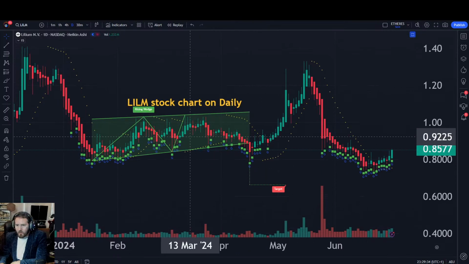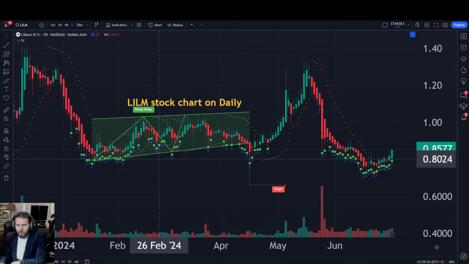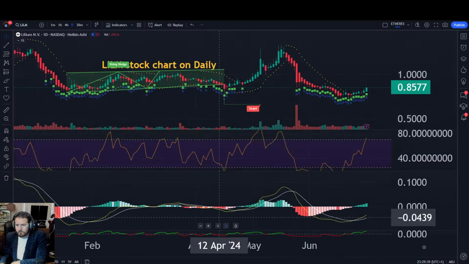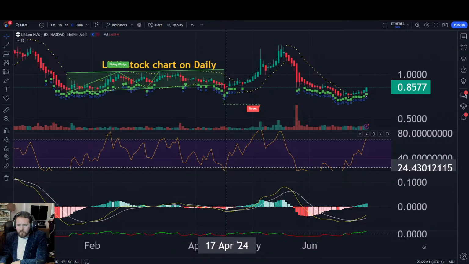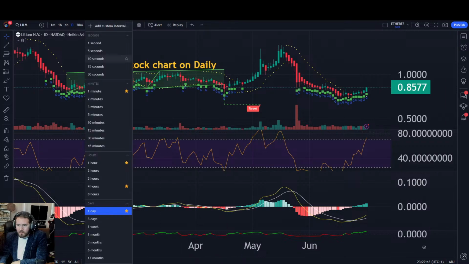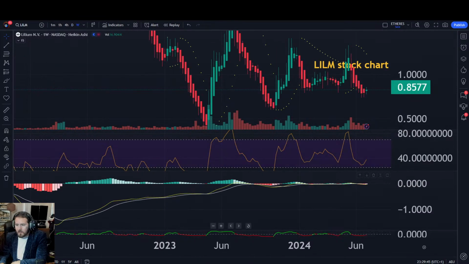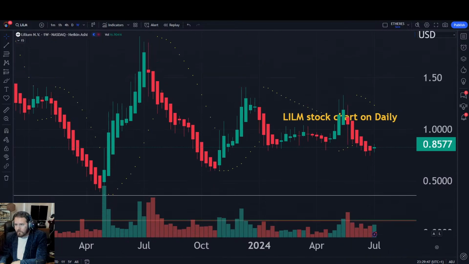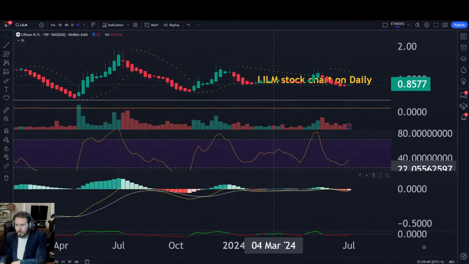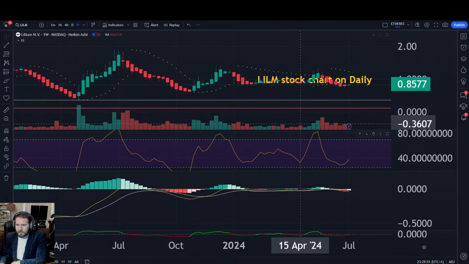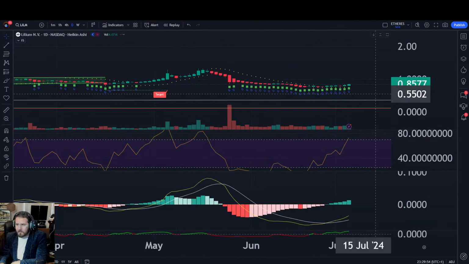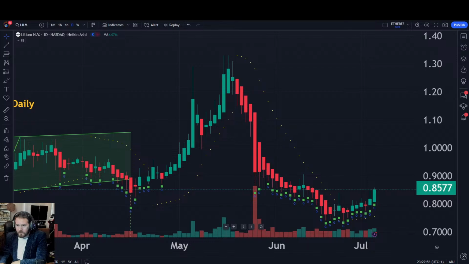This target did fall. Why did the rising wedge fall for Lilium? It was already oversold on the 4-hour, the daily. You go over here to the weekly, and it was even more oversold as well. So I believe Lilium did not complete that on the daily because it was already in those oversold areas.